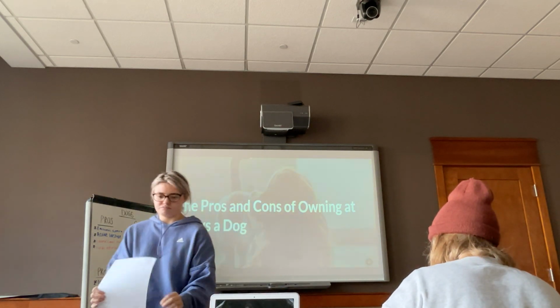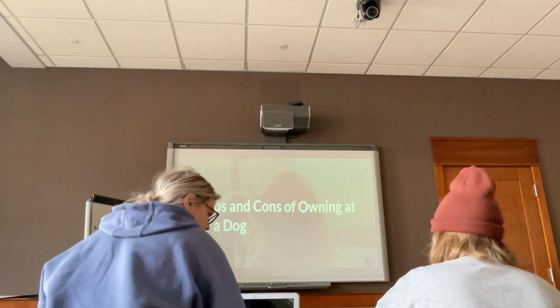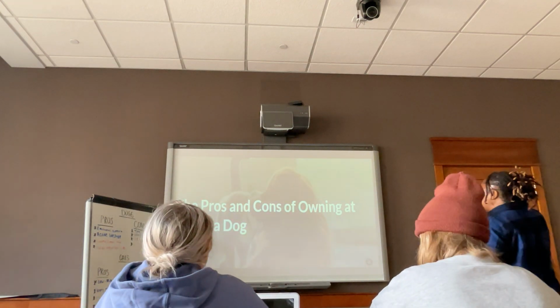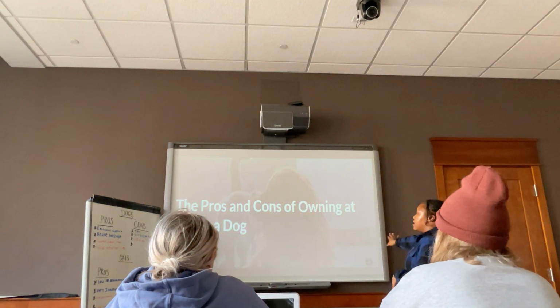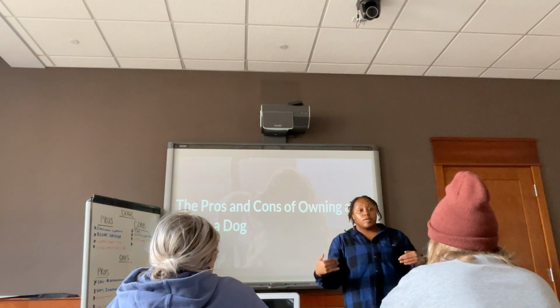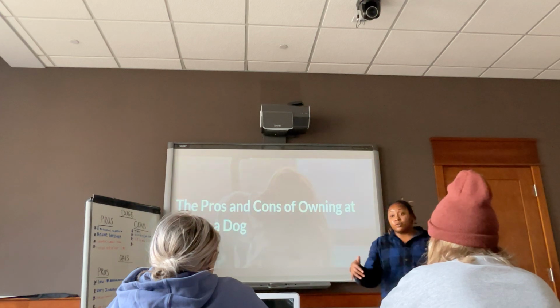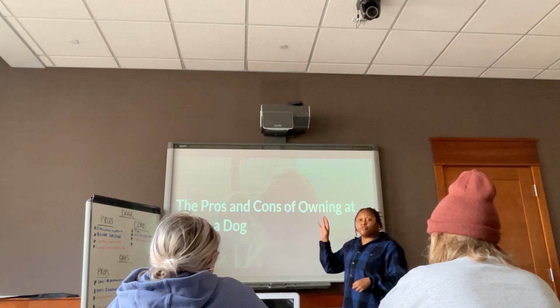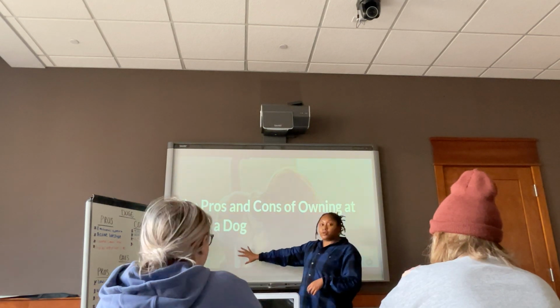So what Lindsay did was she used the pros and cons of owning a cat versus a dog article. She read it and took notes from that article. She picked a stance based off of her personal preference in the article.